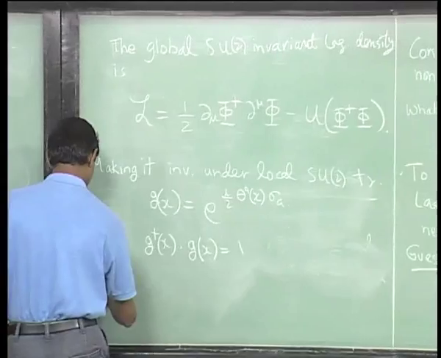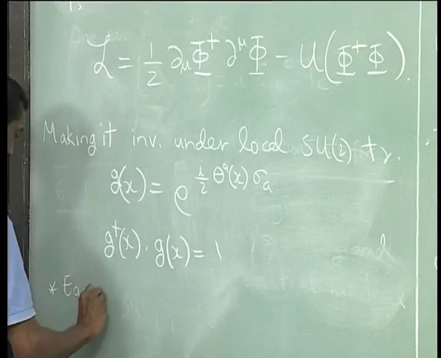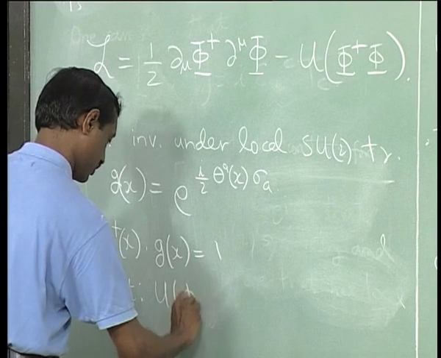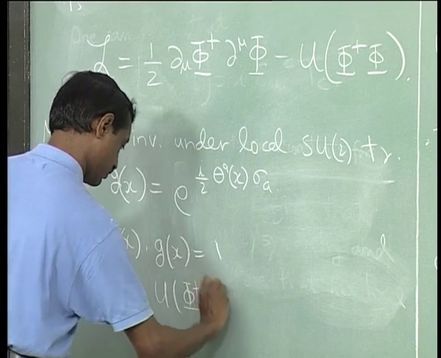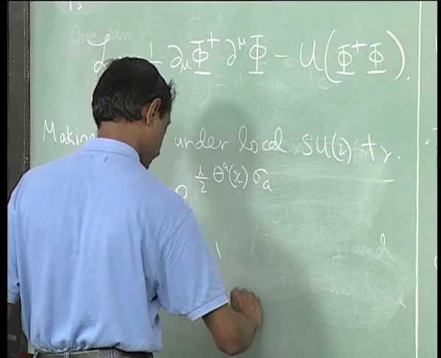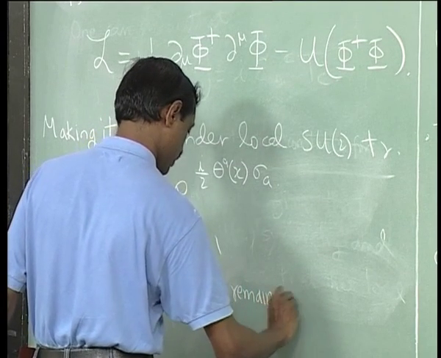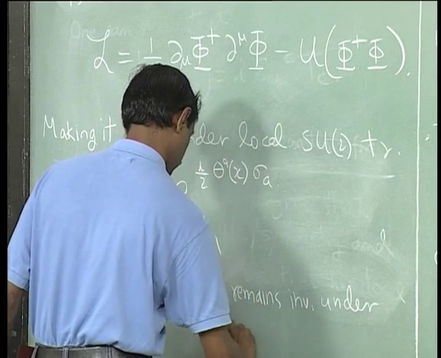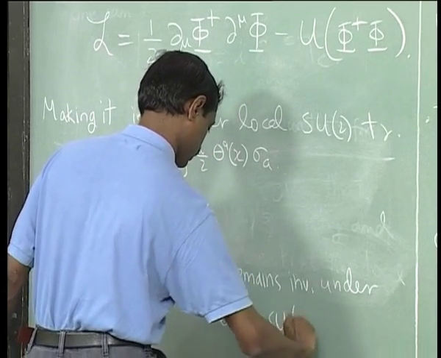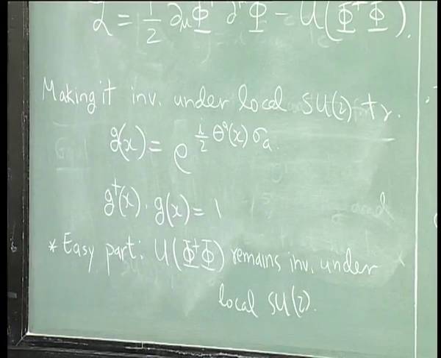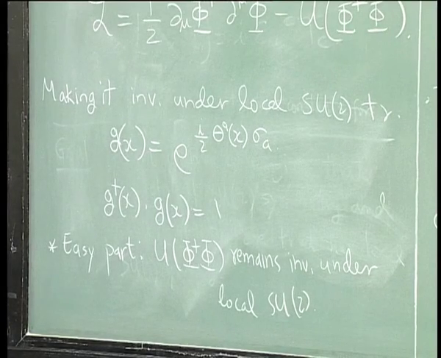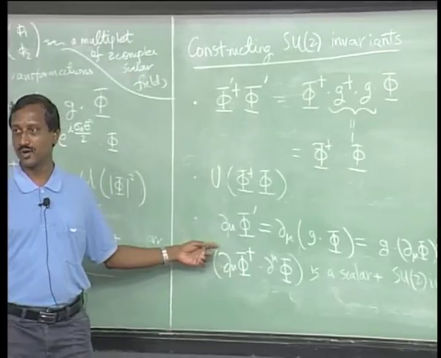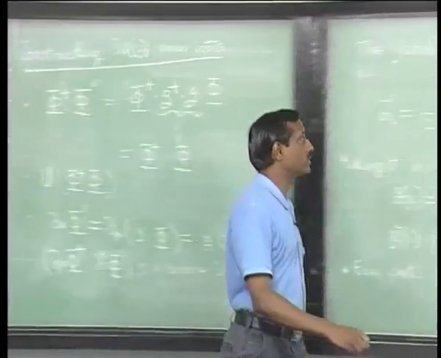So, the easy part remains invariant under local SU2. But the problem will be we have to revisit how the derivative term transforms now. So, we need to work out.